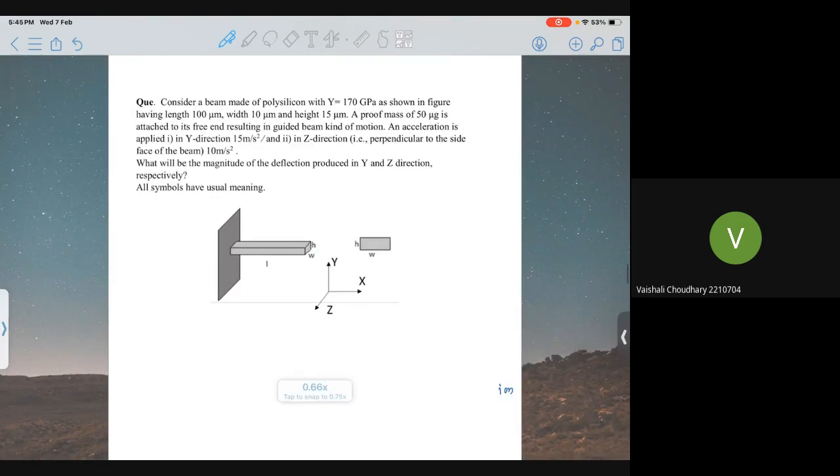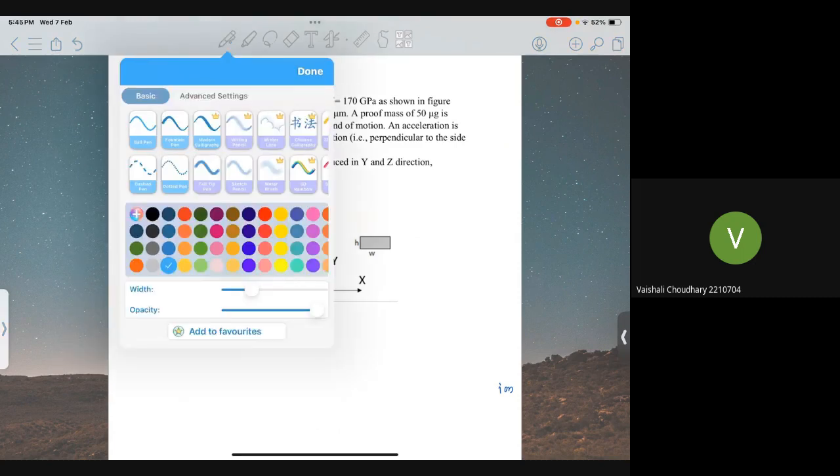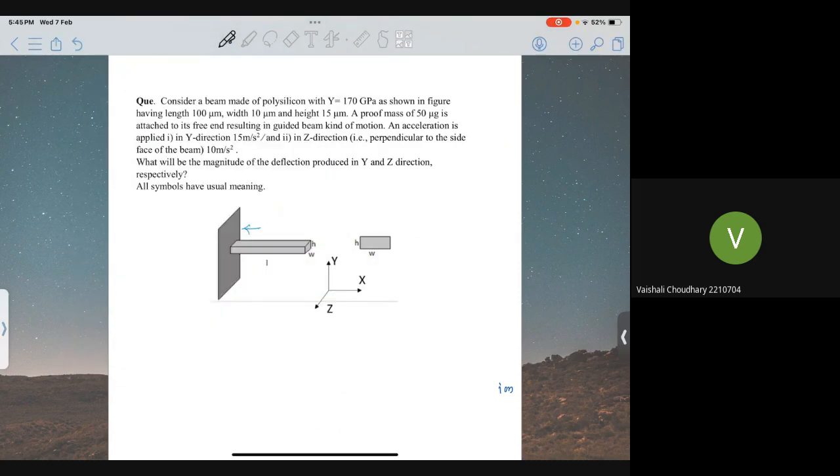Okay, so what they have given: the length L is 100 micrometer.